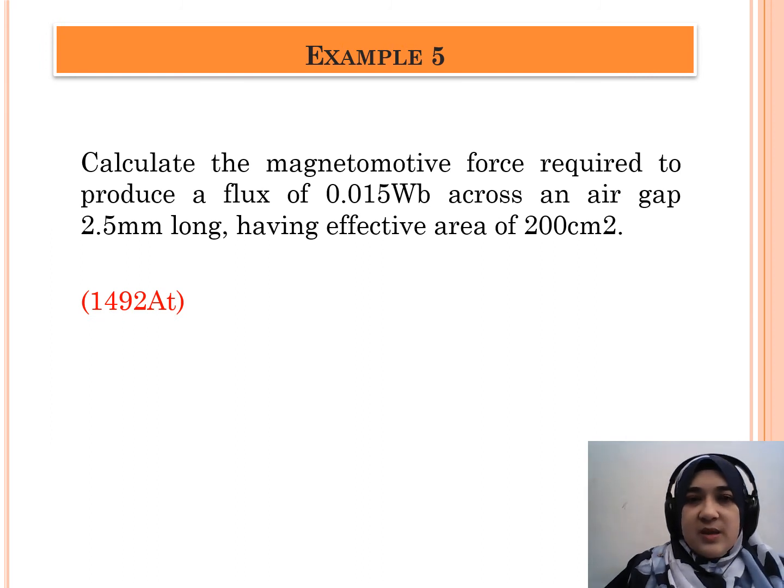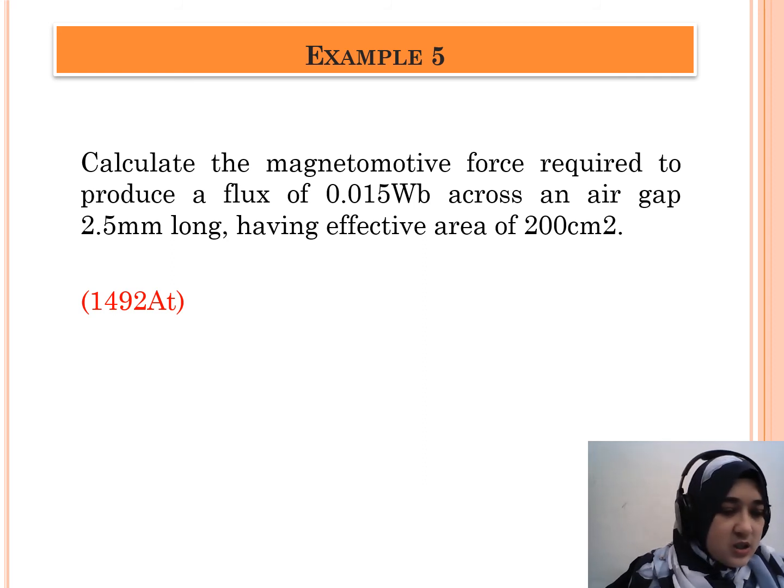Okay, now example 5. Calculate the magnetomotive force F required to produce a flux phi of 0.015 Weber across an air gap of length 2.5 mm, having an effective area of 200 centimeter square.